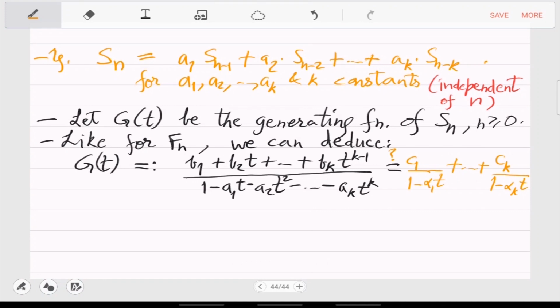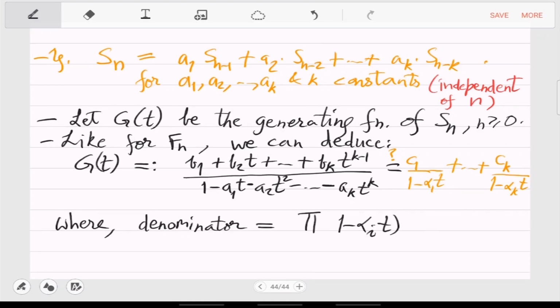Right, where alpha 1 to alpha k are what? Where the denominator factors as 1 minus alpha i t, i from 1 to k.